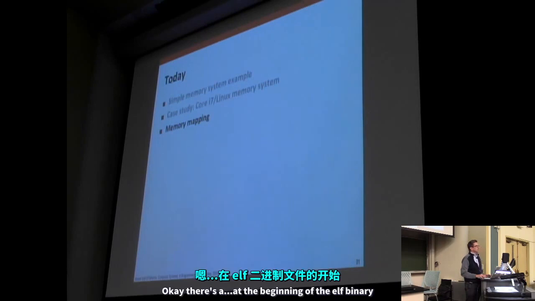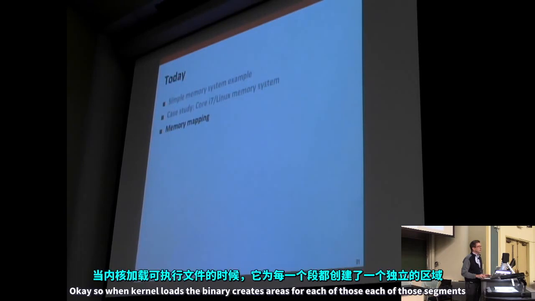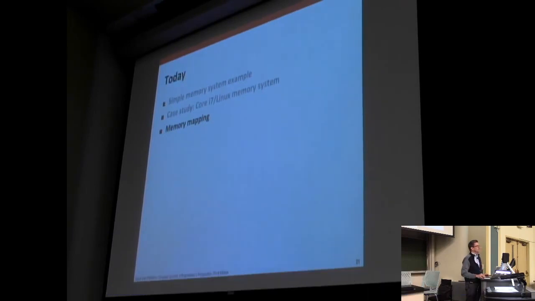At the beginning of the ELF binary, there's a list of all the different segments. So when exec loads the binary, it creates areas for each of those segments.